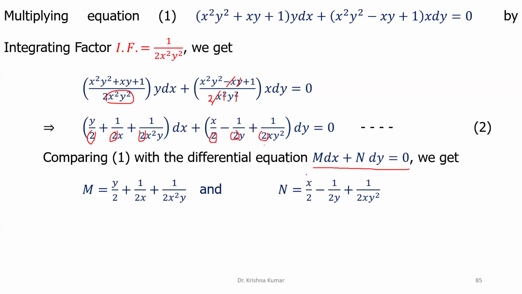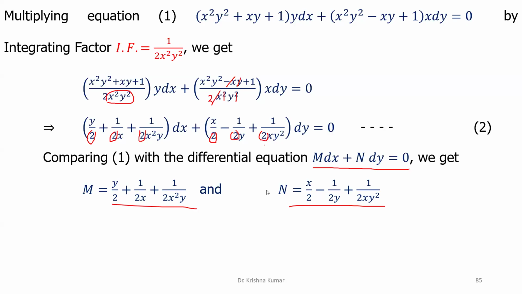Now, M equal to this, N equal to this. So M is equal to y by 2 plus 1 upon 2x plus 1 upon 2x square y. Similarly, N equal to x by 2 minus 1 upon 2y plus 1 upon 2xy square.